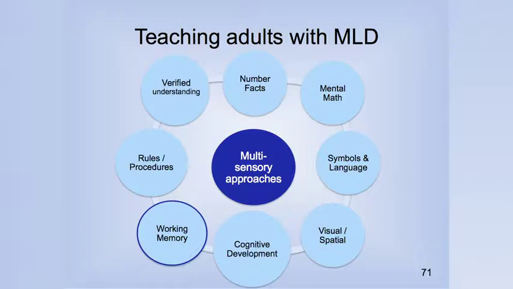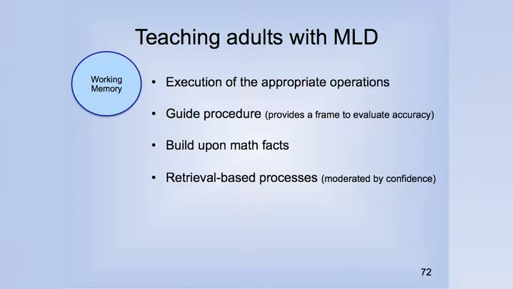So the working memory deals with the execution of the appropriate operations, also deals with the processing efficiency. So it can be lower for high anxiety individuals. The speed of fact retrieval can contribute to the tendency to undercount or overcount.